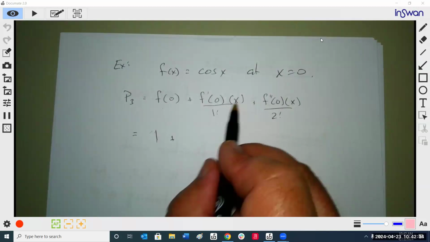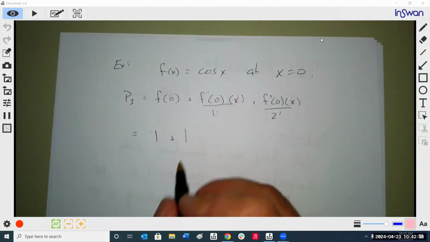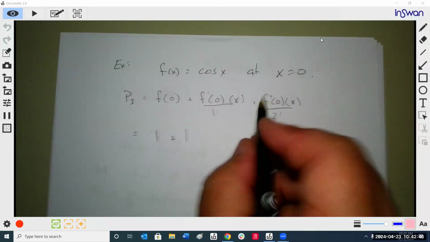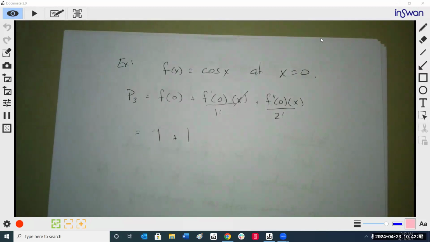Cosine of 0 is 1. So the term itself is, well, not x to the 0, so we don't even need that.